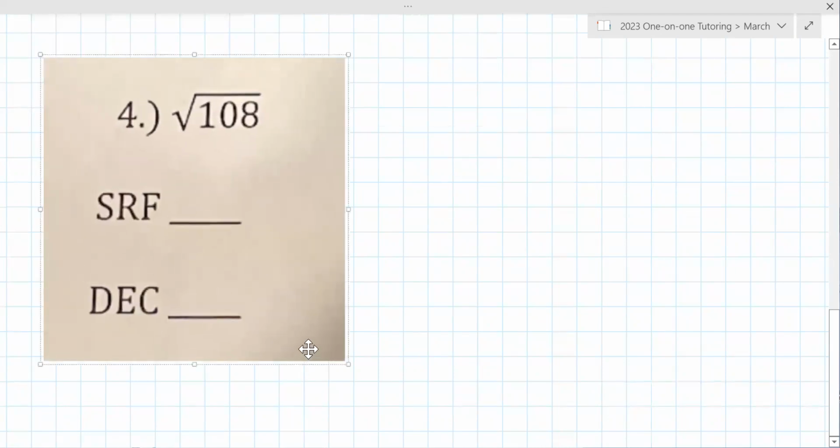Okay. All right. Square root of 108. So we're going to start with 2. Does 2 go into 108? Yes. What is 108 divided by 2? 54.